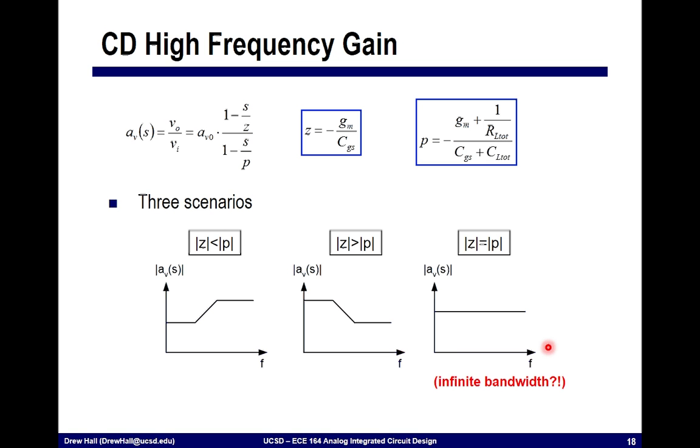It's very hard to ensure that we track these two quantities together. The pole depends on this load capacitance, which can change depending on what we put after this stage, as well as the load impedance RL total, and the zero is more or less fT of the device. So while academically a little bit interesting, this is not a very practical result, although people do occasionally still do this, not exactly in this context, but in other contexts, of canceling poles with zeros.